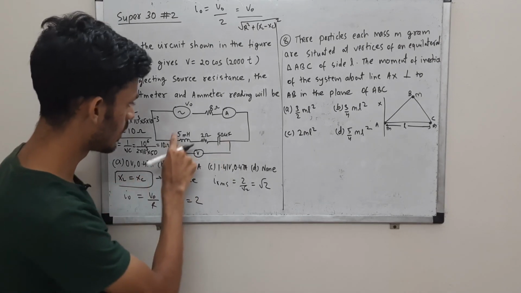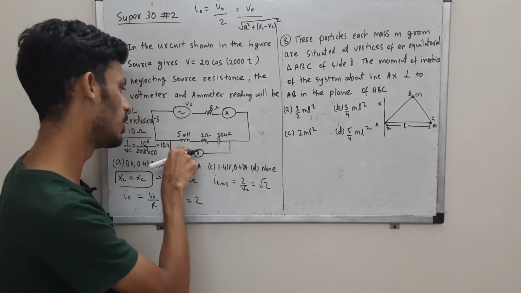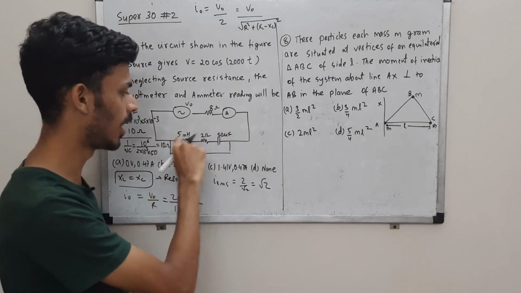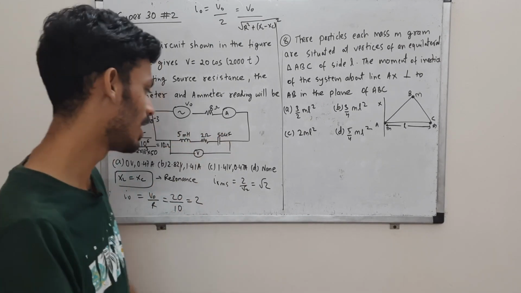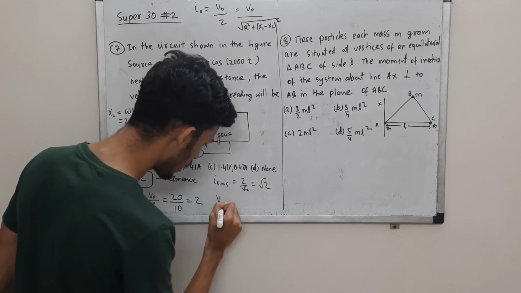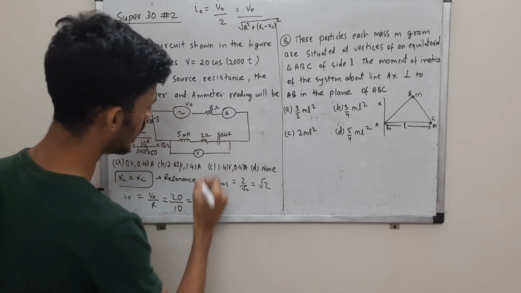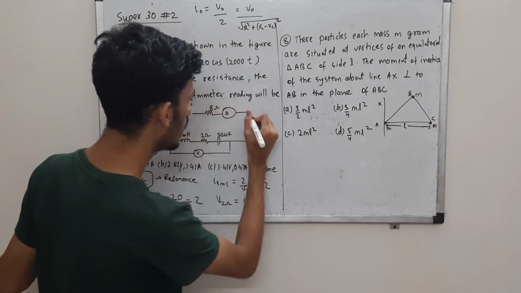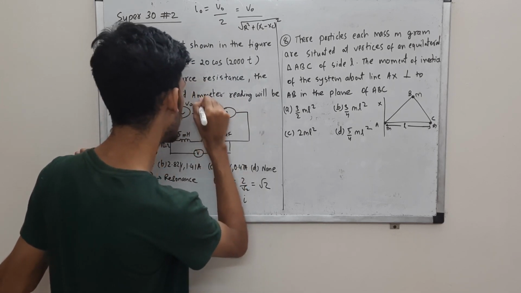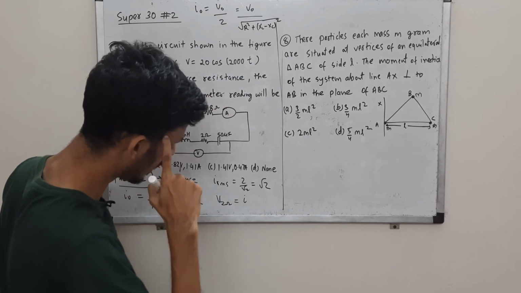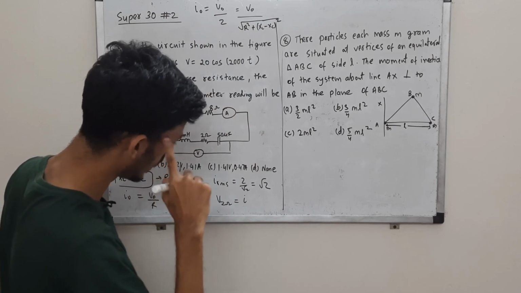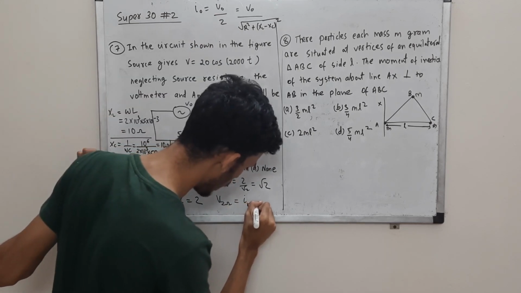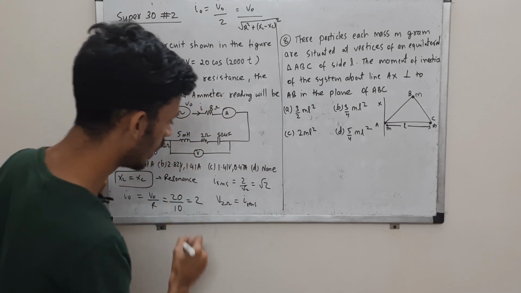Voltage across these three elements. The inductor and capacitor are not contributing, rather they are contributing but cancelling each other. So V across the 2 ohm resistor will be the current coming out of the circuit, directly I RMS, so that we get the RMS voltage.